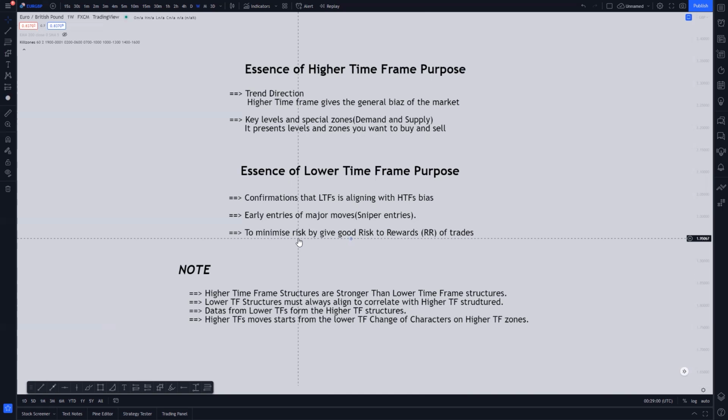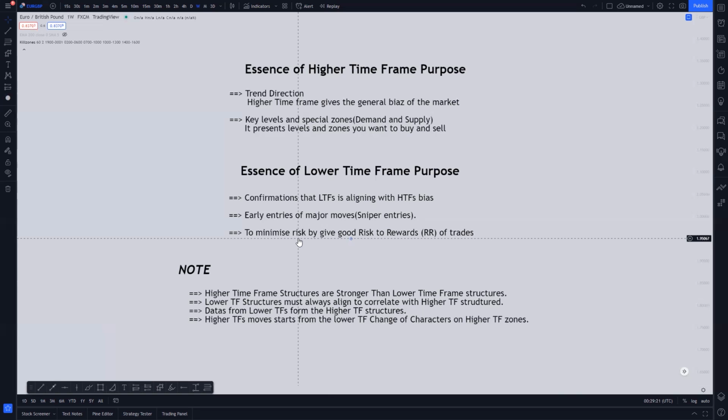But if you correlate structures with the different time frames, you discover that when you come down to a lower time frame, your risk will be minute. You might have things like 2 pips stop loss or 3 pips stop loss.